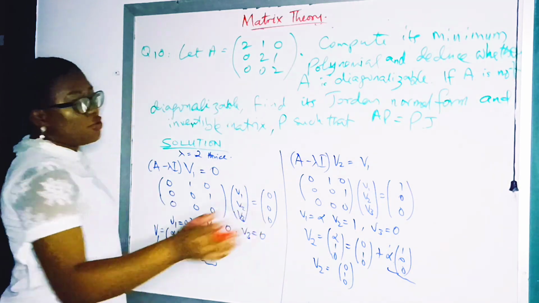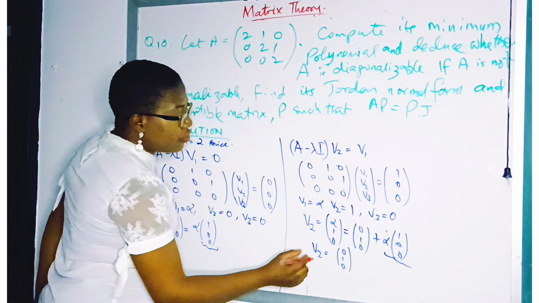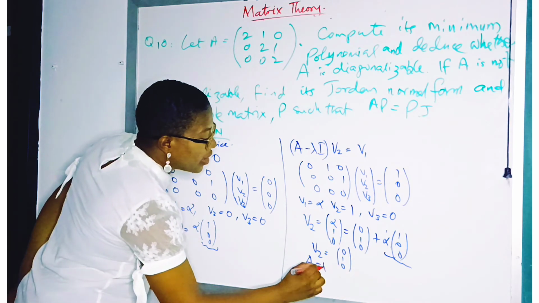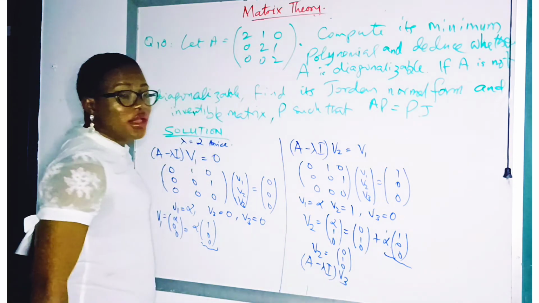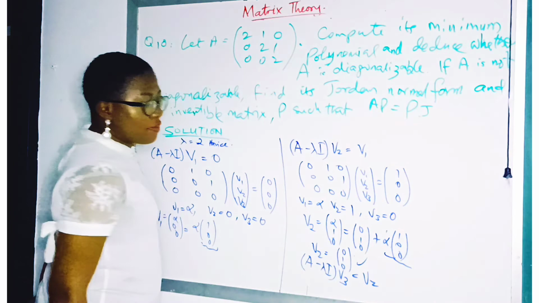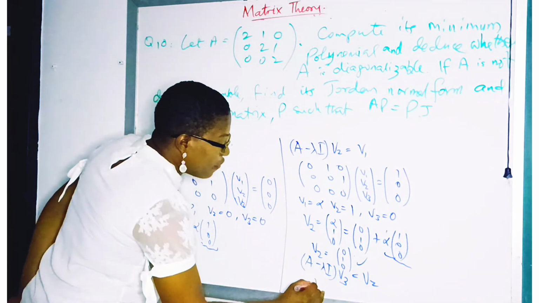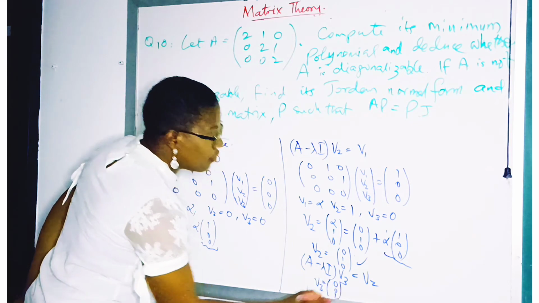I will do the same thing. I'm going to use this as my V2. I will do A minus lambda I times V3, which is what I don't know, is equal to this V2 that I found here. And I'm going to get that V3 is equal to 0, 0, 1. You can check it yourself.